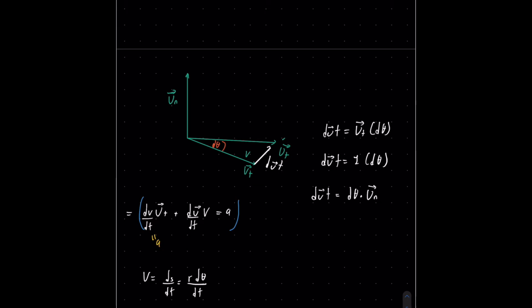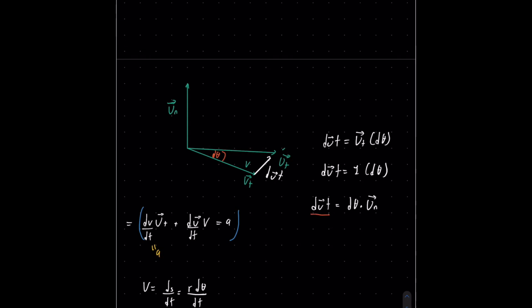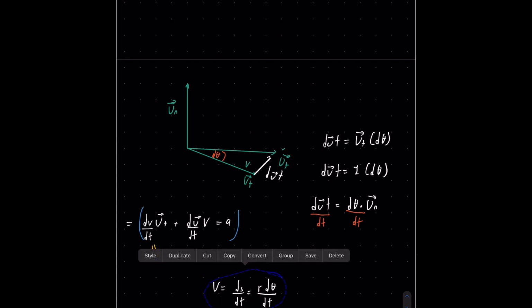Now, if we divide both sides by dt, we are eventually going to solve for this portion here. So we're going to find out what this portion actually is. To help us do that, we could look at this equation right here.